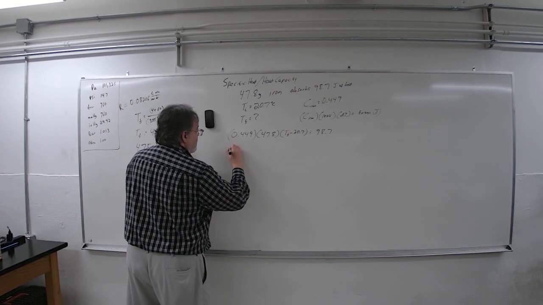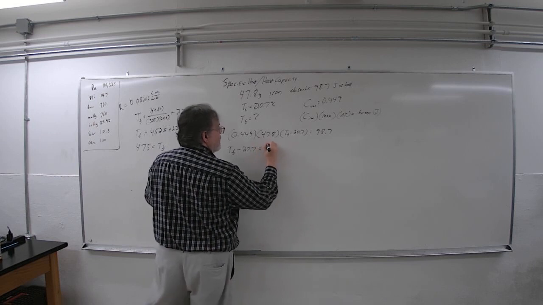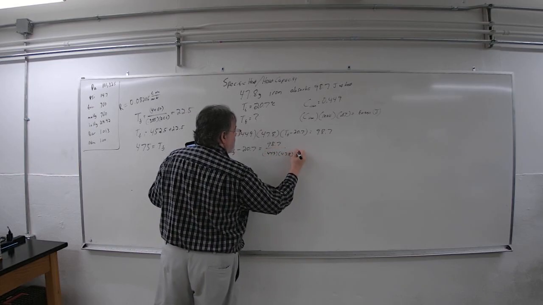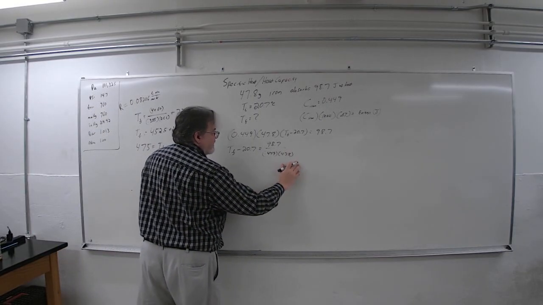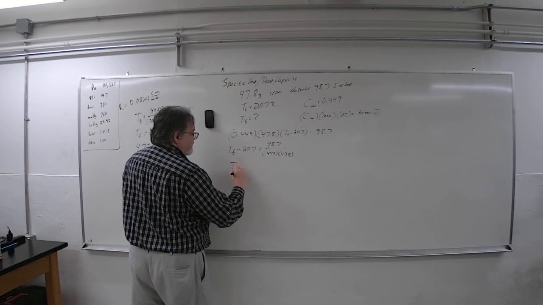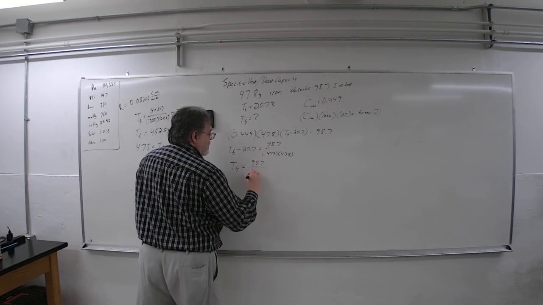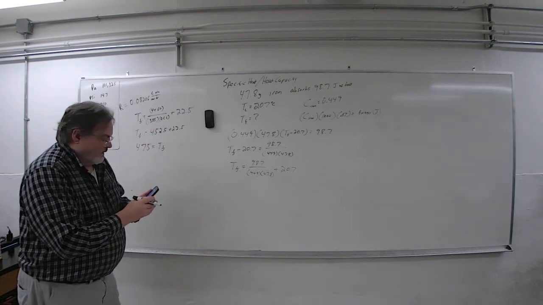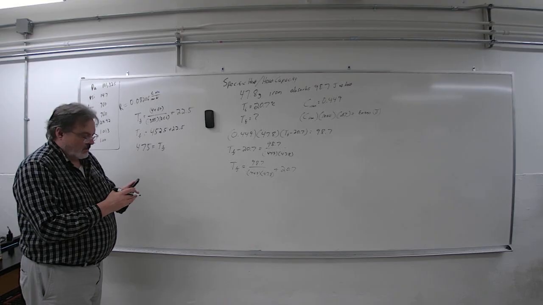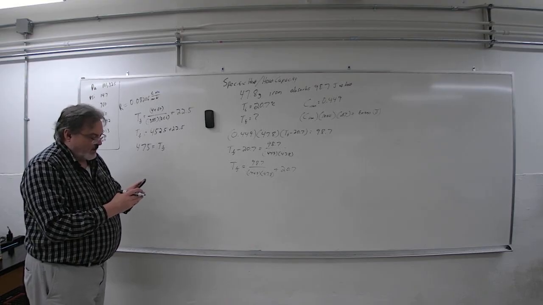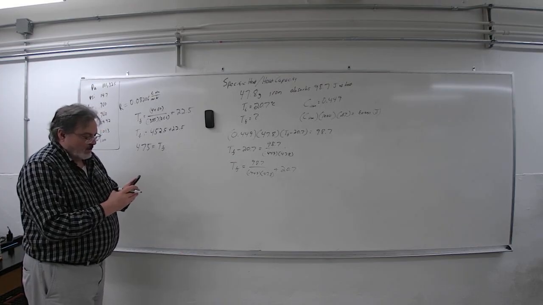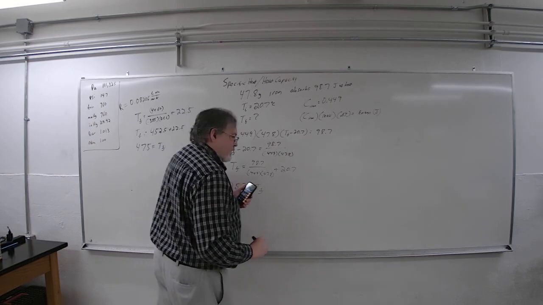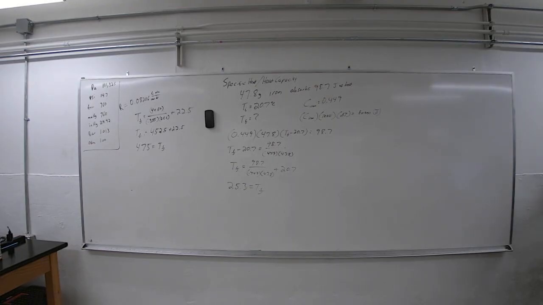To solve for T final, divide both sides by 0.449 and 47.8, and then add 20.7 to both sides. 98.7 divided by 0.449 divided by 47.8, plus 20.7, I get 25.3. Yay, 25.